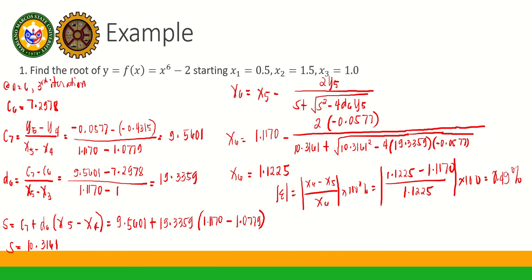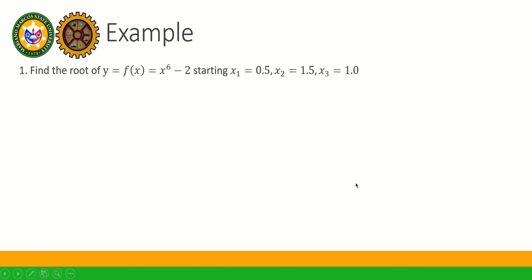Okay? So, medyo close na tayo to 0. But, let's try the next iteration kung bababa ba siya or mag-stay na siya sa 0.49%.